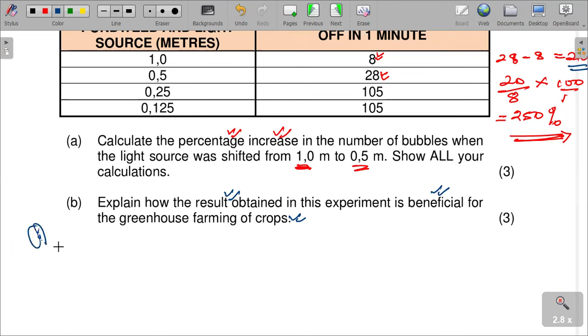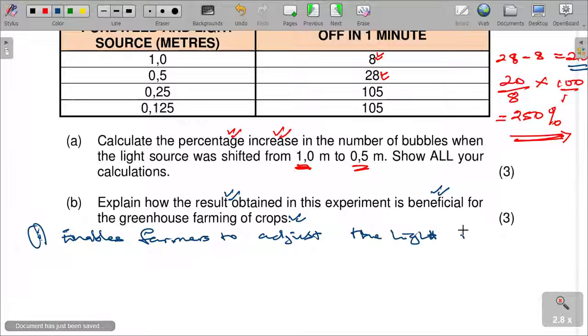One, it enables farmers to adjust the light to its optimal level.